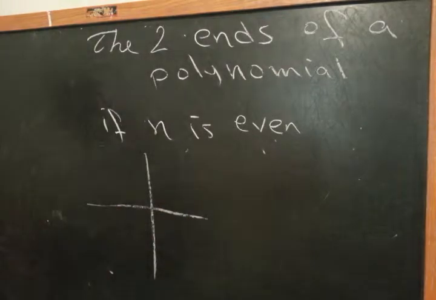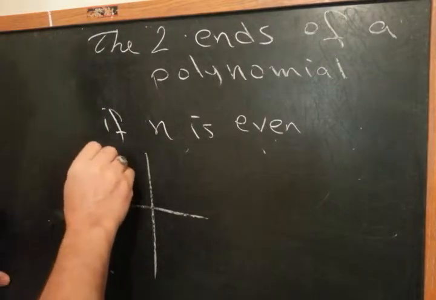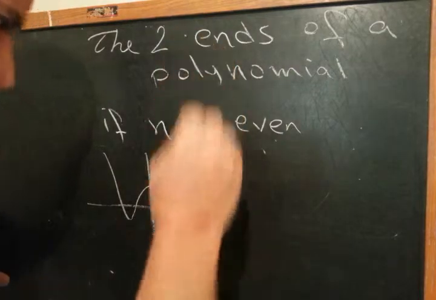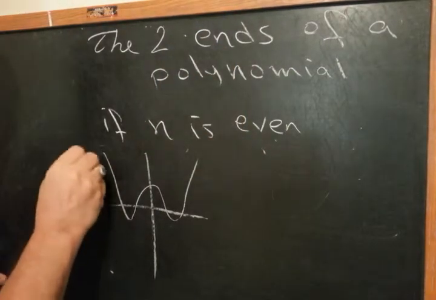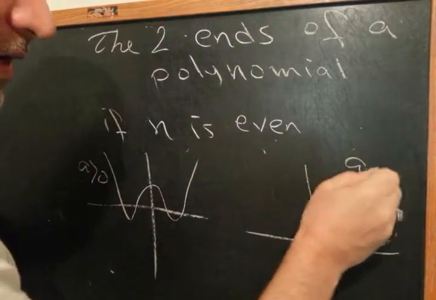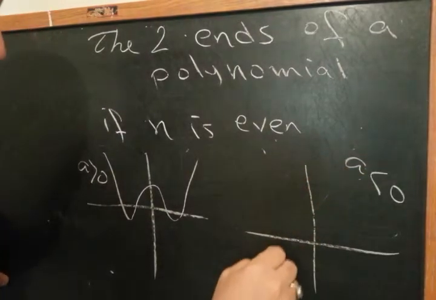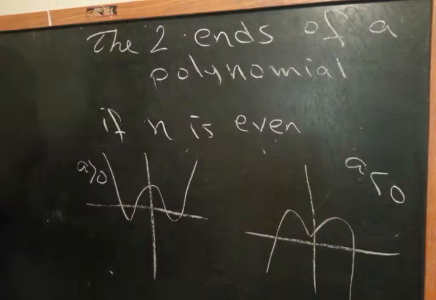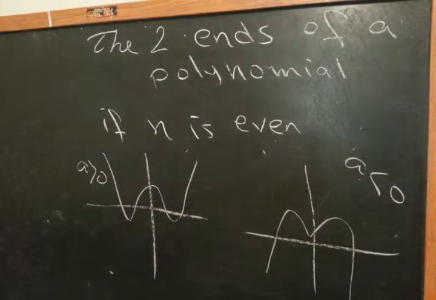If n is even and a is positive, then we get something like a W, something like that. So here a is greater than 0. And the last case, if a is less than 0, then we get something like an M, and that's it. These are the four cases to determine the two ends of the polynomial.